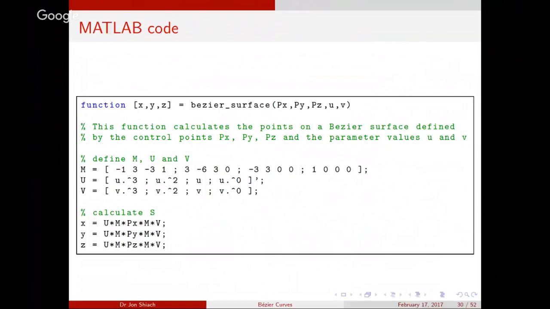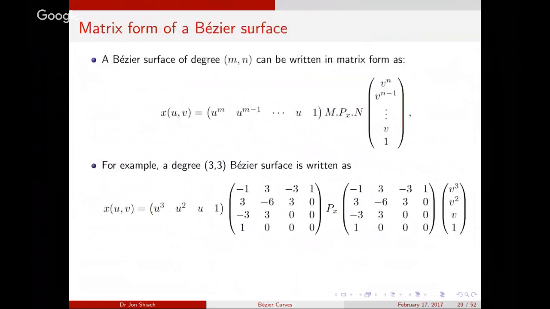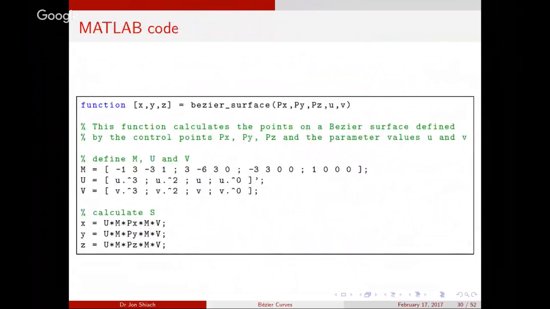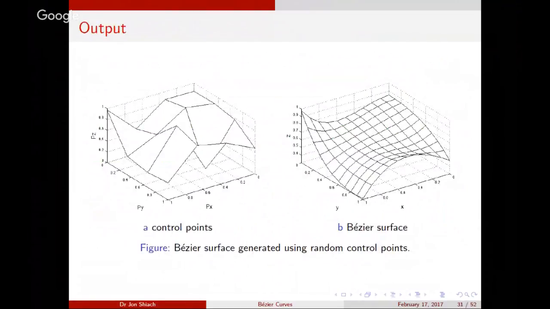Okay, define M. Your u and v arrays. Notice I've got a little transpose here. Okay, so that's transposed because this is a row and that's a column. Okay, and then I just multiply them all together to give me my x, y, and z coordinates on my patch or surface.